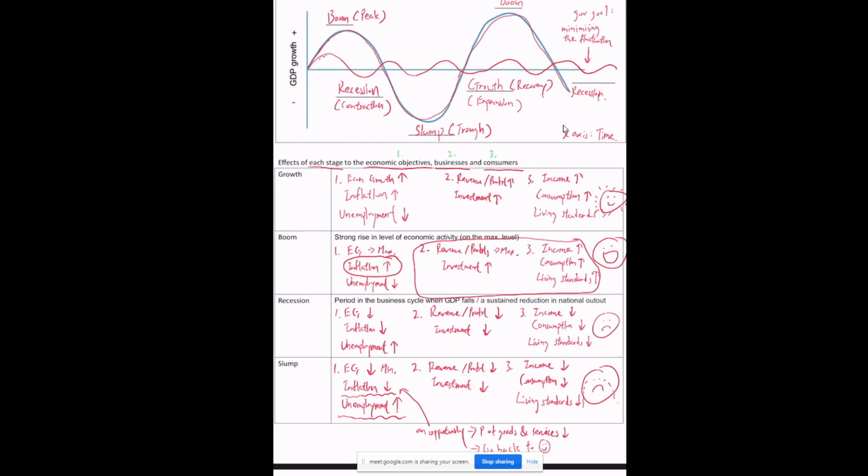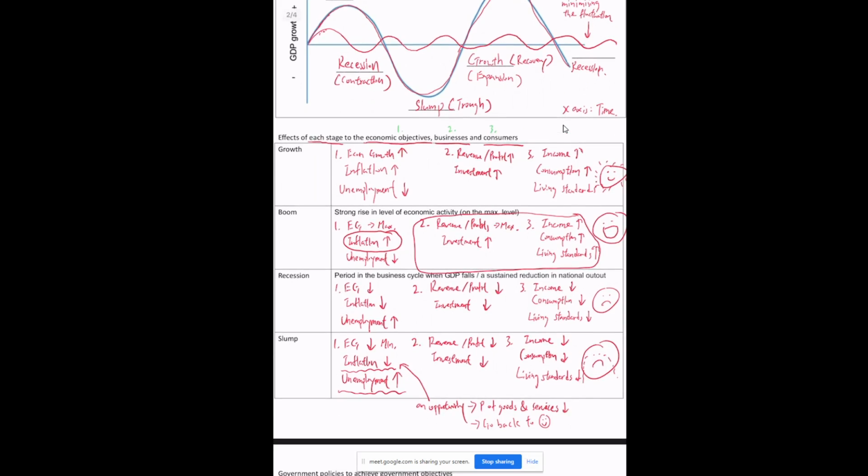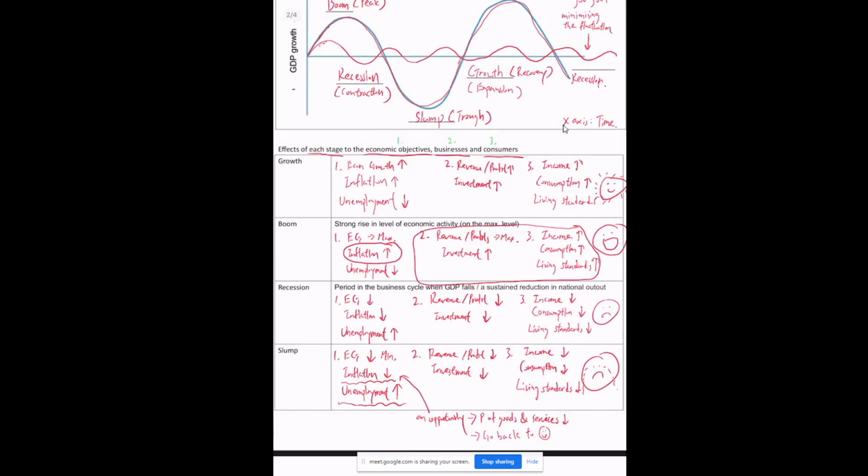And also for the businesses and consumers, when you are at different stages, you will behave differently. It will very soon go back to the next cycle, and it goes on and on. It repeats itself again and again.